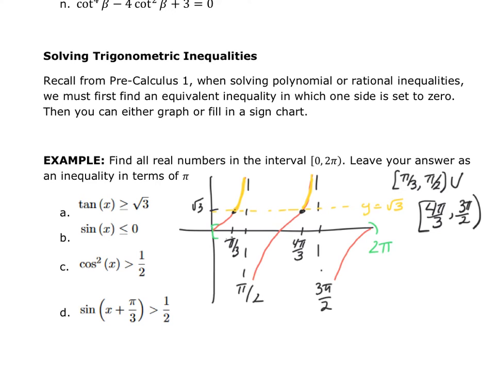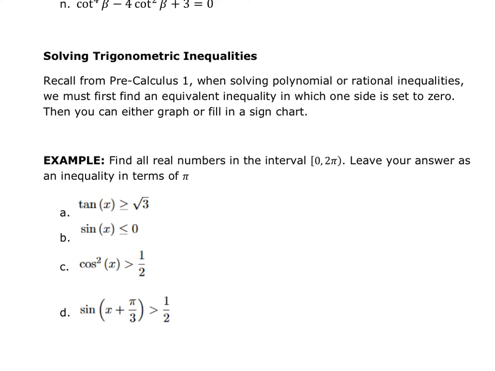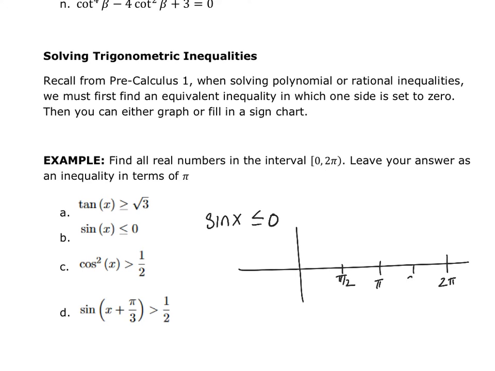Let's take a look at the second one. So I have the sine of x is less than or equal to 0. Again, I'm going to think about the graph. That's what the sine graph looks like. So at pi, at 2 pi, pi over 2, 3 pi over 2, it looks like this.